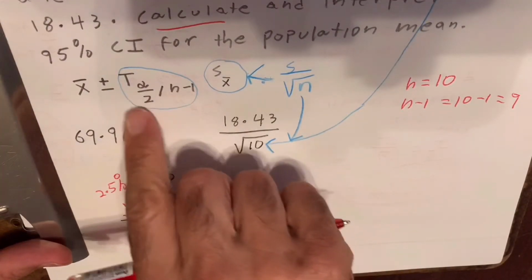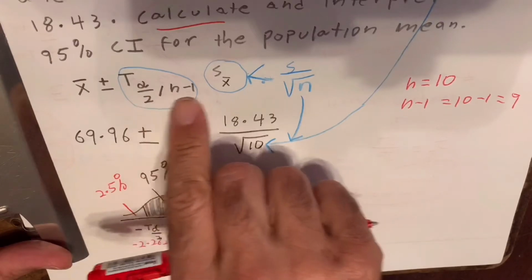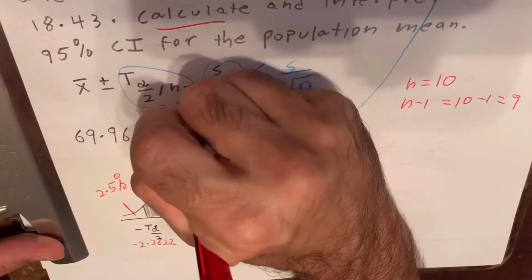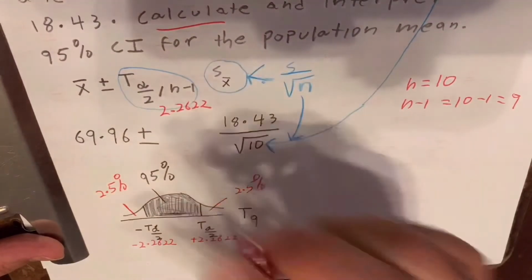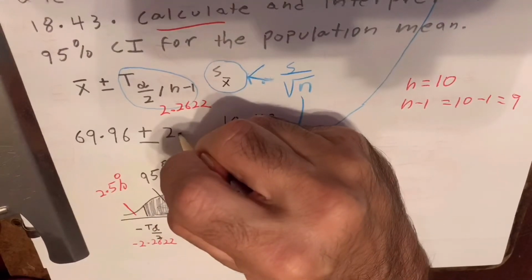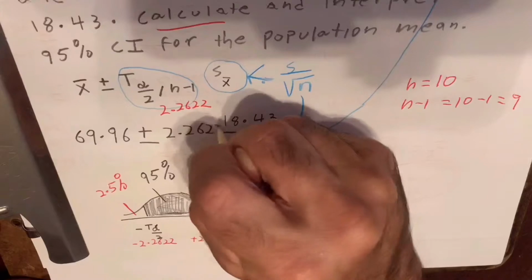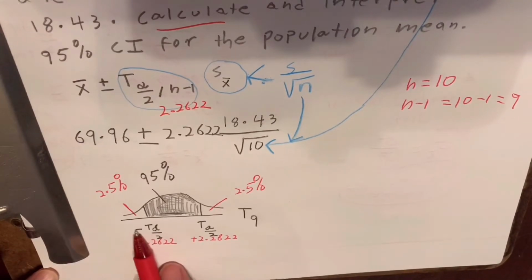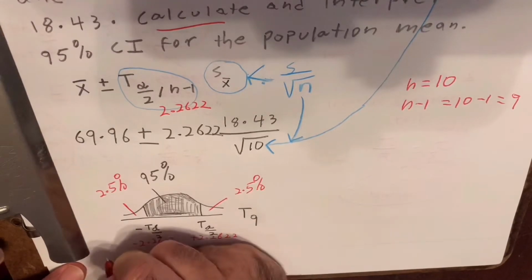So this t sub alpha over 2 with n minus 1 degrees of freedom, this is 2.2622. So I'm going to put this into the formula right here, 2.2622. And I want to call your attention to one little fact that you should know. This negative t sub alpha over 2 is actually the 2.5th percentile.